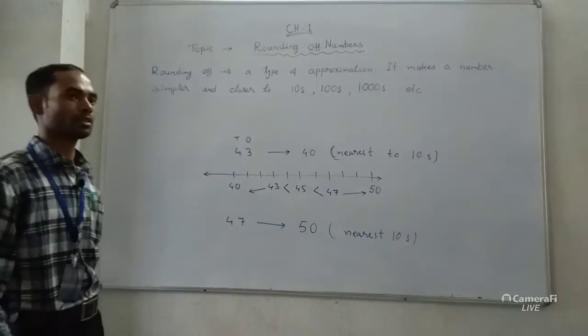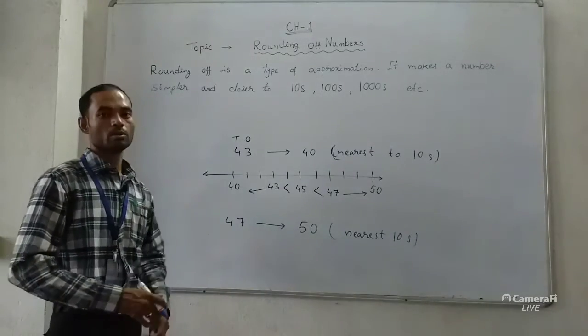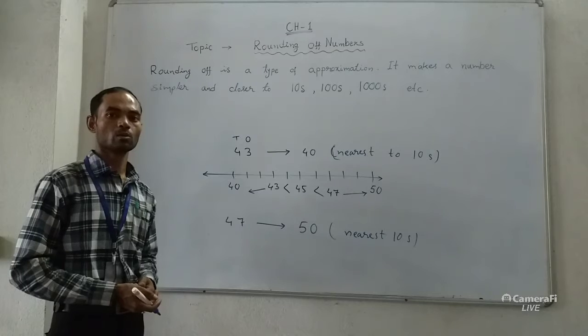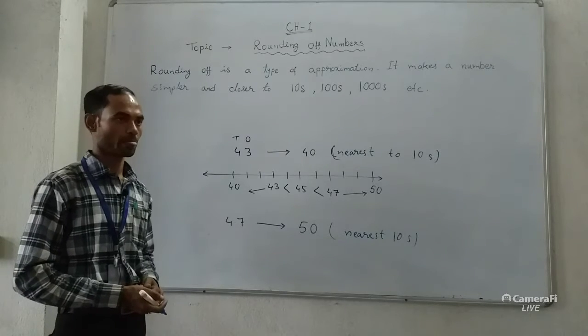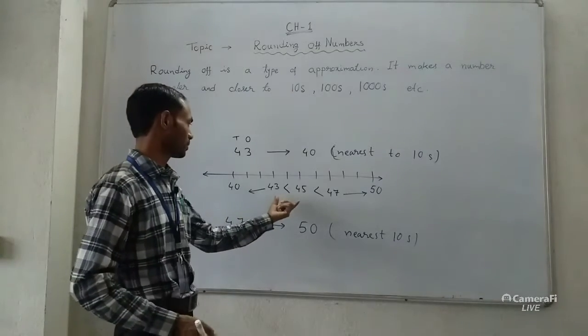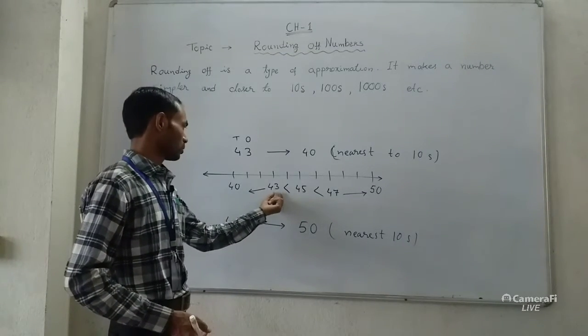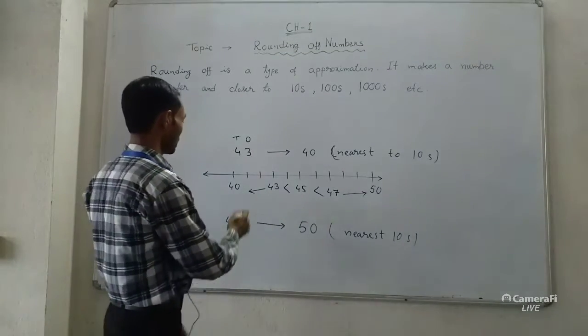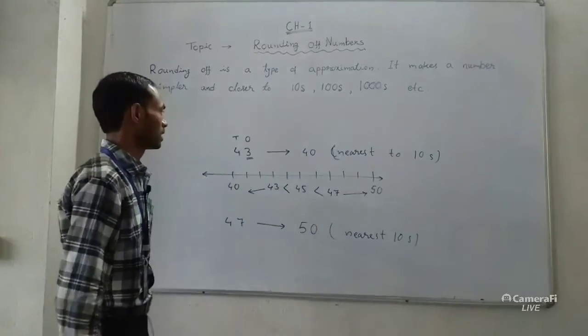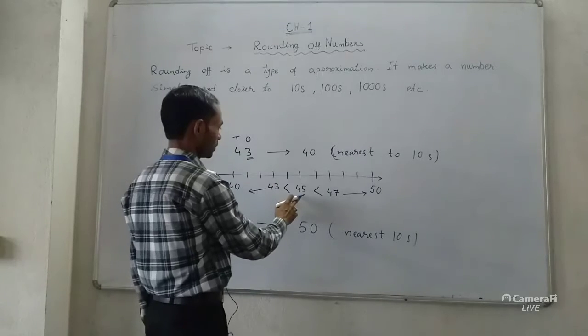But this process is a long method to find out which one is closer to its tens place. There is a short method you can verify from its ones place digit. What was the ones place digit in 43? 3, and it is less than 5. Why?